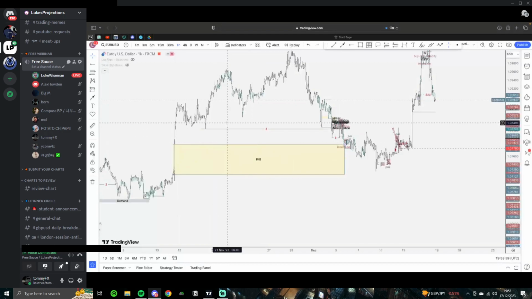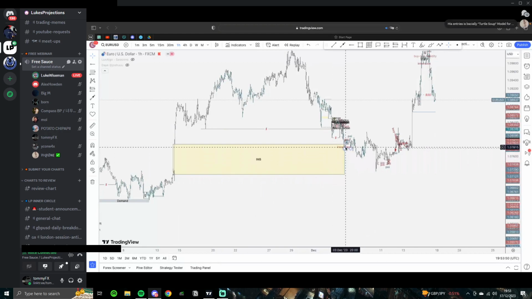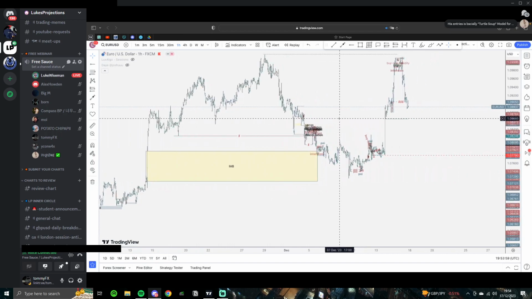So, you know, the probability of it just tapping into this imbalance, accumulating, maybe we see an AMD cycle here, is probably going to be more likely. So I'm just going to simply wait on the 5 or the 15 for some type of shift or indication that price is about to flip, sorry.